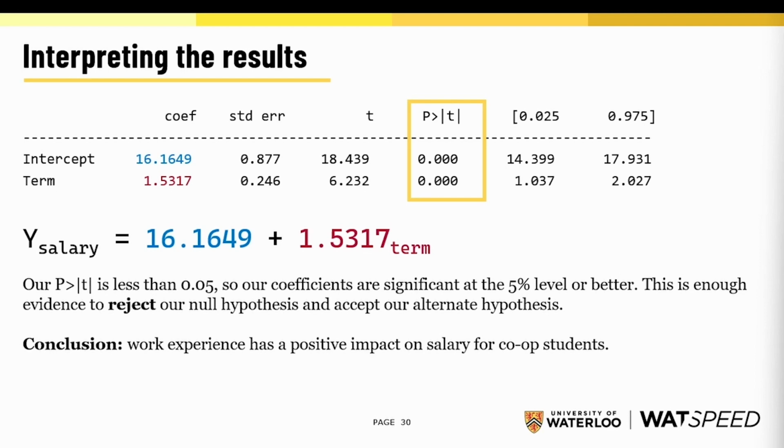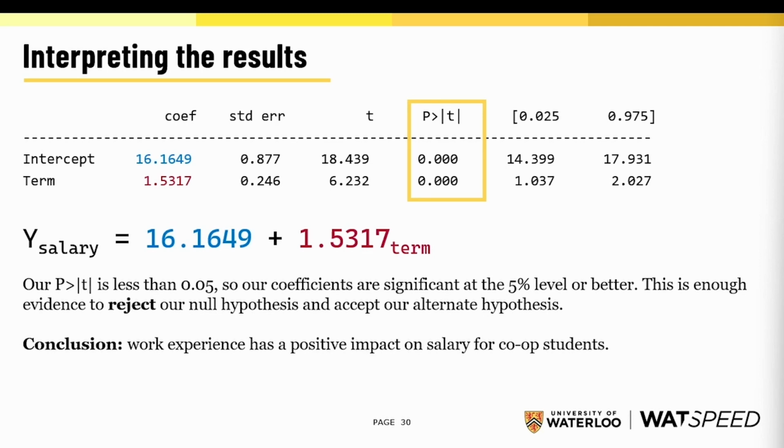This is sufficient evidence that we can reject our null hypothesis that work term level has no effect on your expected salary. We can accept our alternative hypothesis, which says that work experience has a positive impact on salary for co-op students.